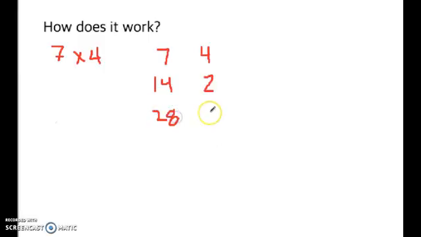Divide our 2 by 2, and we get 1. And let's not forget to cross out both numbers if the second column is even. And so if we add all the numbers remaining in the first column, we get 28 because that is the only number remaining. So let's figure out why this works.